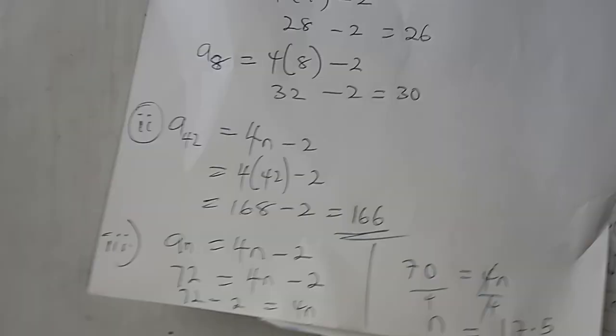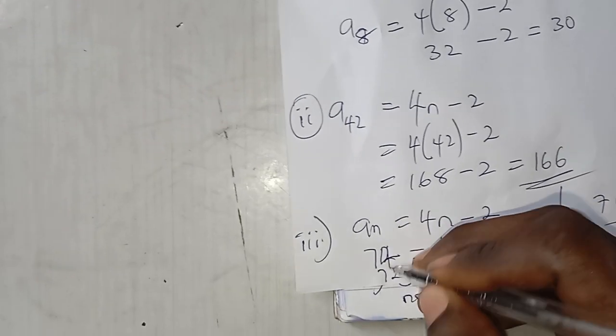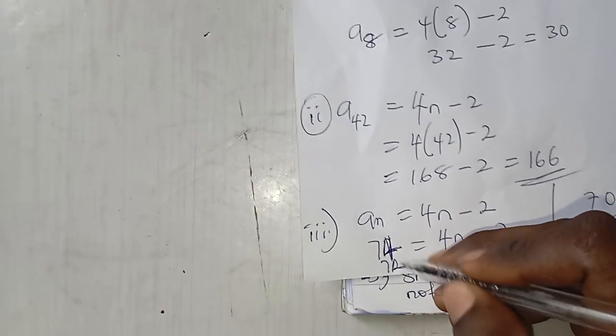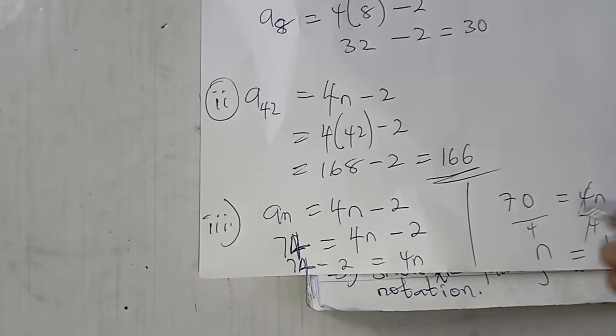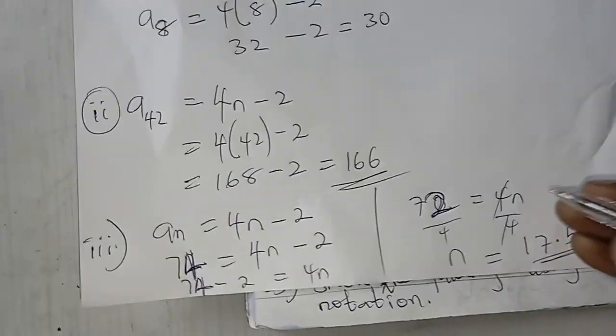So they said what term? So the term that's n. Okay, 74. Are you kidding me? They said an is 74. I'm doing, oh God. So it's going to be 74 minus 2, which is equal to 72.